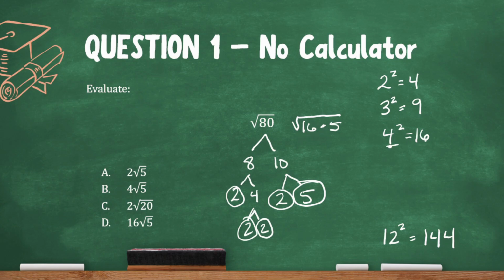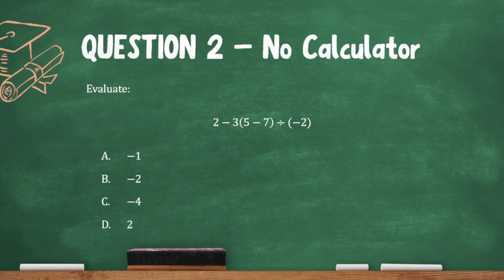It's 4, right? And if I take the square root of the 16, I've got to put the 4 outside of the radical. So the square root of 16 is 4. That goes outside. And then the 5, I can't take the square root of it, so it just stays inside. So my answer is 4 radical 5.